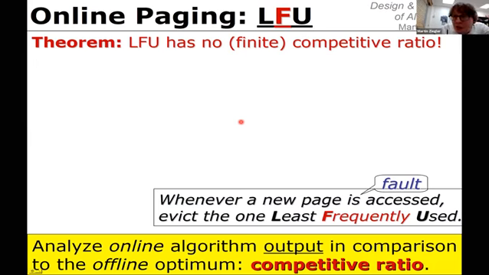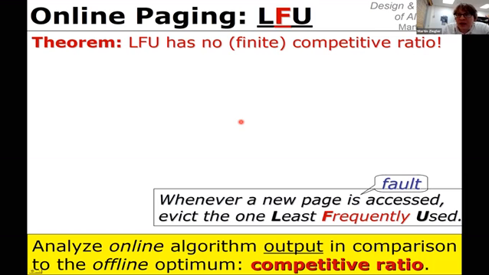It's not even 2 to the k competitive, so exponentially bad. It's even worse than that. It has no finite competitive ratio at all, right? So we all know that exponential is bad, but this is not even exponential. This is not bounded at all.